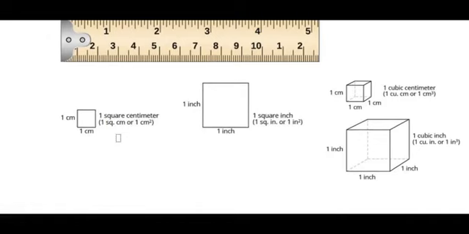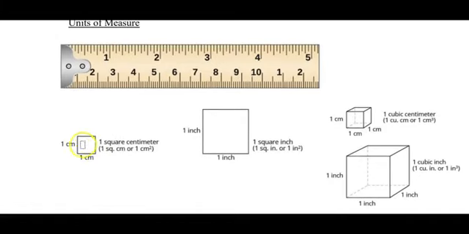Area is measured by the space included within the figure. So if we have a little square that has sides of 1 centimeter by 1 centimeter, that means the area included within this little square is 1 square centimeter. That's our basic unit.